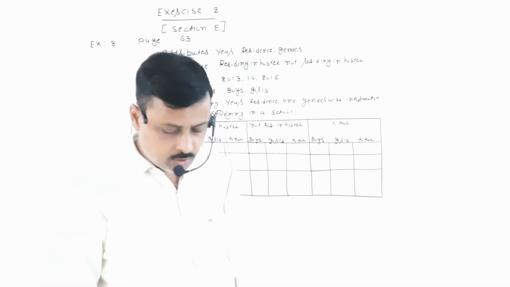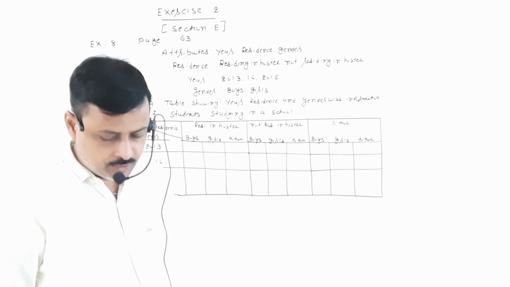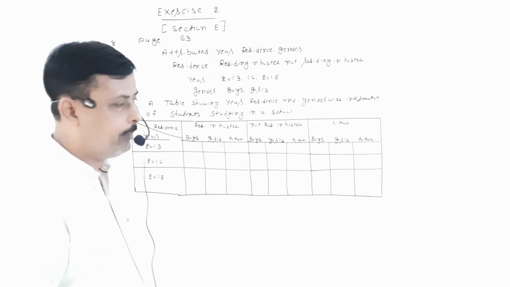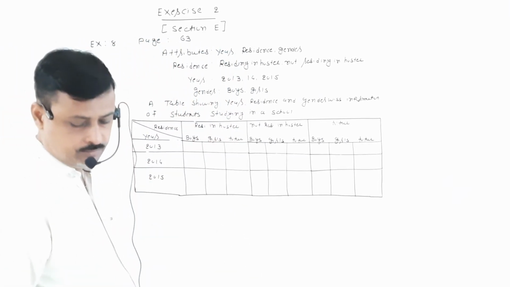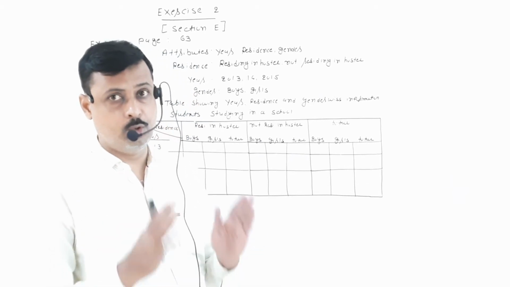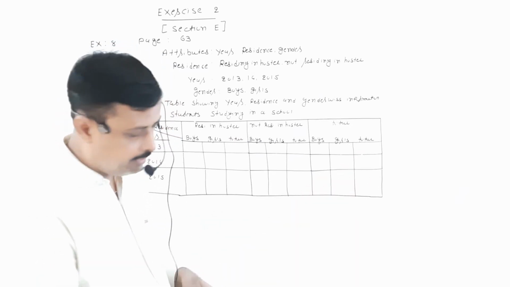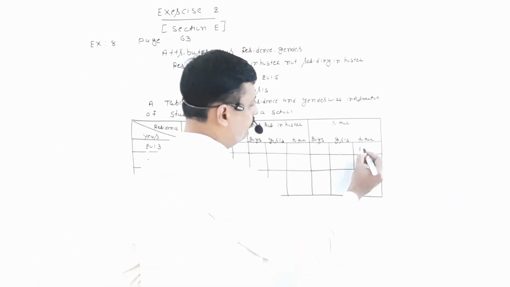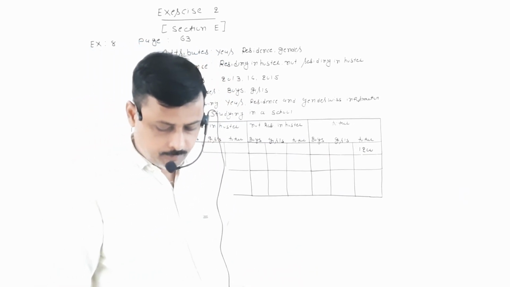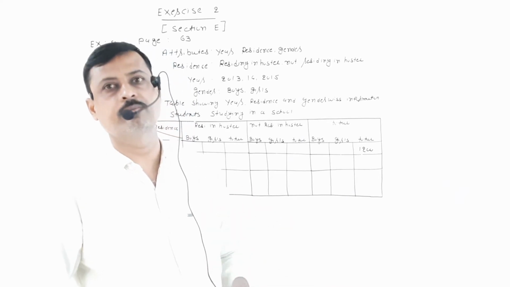In the year 2013, there were 1200 students studying in a school. So we are talking about 2013. So total student in 2013, that is 1200. And of them 400 were girls.